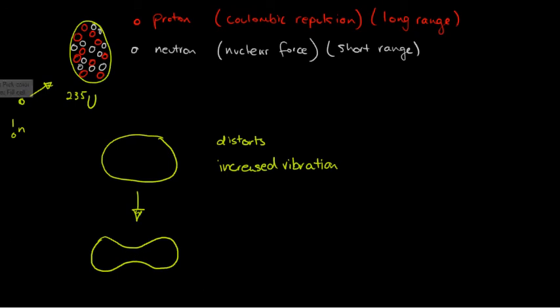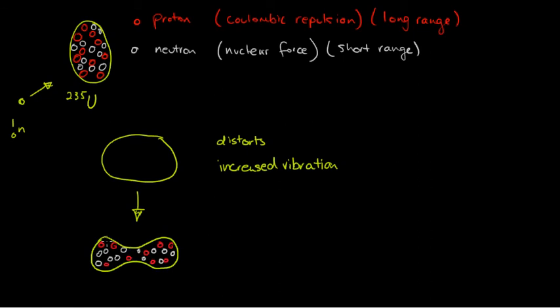Now, of course, there's protons in here and there's neutrons in here still. This is the same nucleus, and those protons want to separate from each other. They don't like being near each other. They're all positively charged. But the neutrons want to hold this nucleus together. They have that short-range nuclear force.